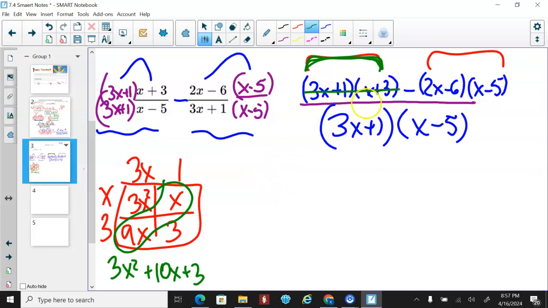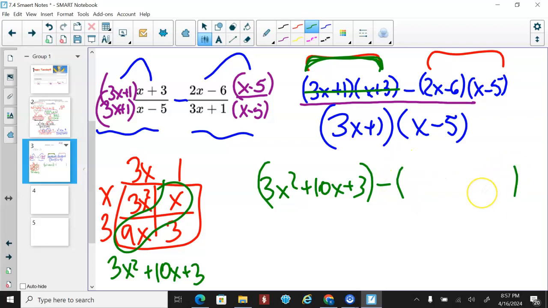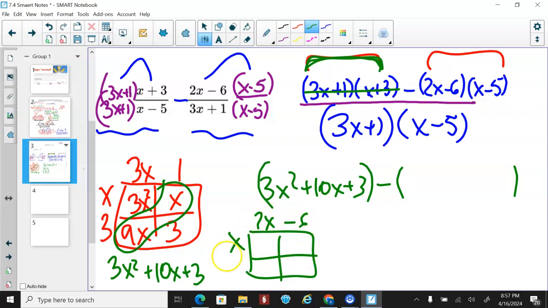So now instead of these, this is what I do. I'm going to put 3x squared plus 10x plus 3. And I like to keep it in parentheses because there's a negative there. And then I'm going to multiply the other one. So I get 2x minus 6, x minus 5.